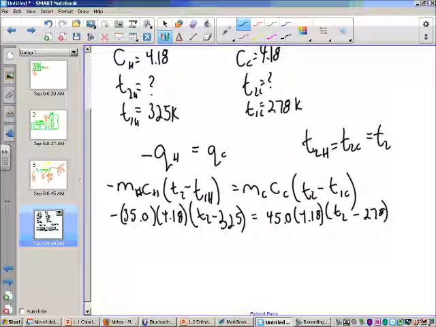Now we've got to rearrange and isolate for T2. We've got to do some algebra here. But we can cancel out this 4.18 right here. So yeah, let's FOIL it through. This 45 is going to go there, which means I'm going to have 45.0 T2, and I need that number 278 multiplied by 45.